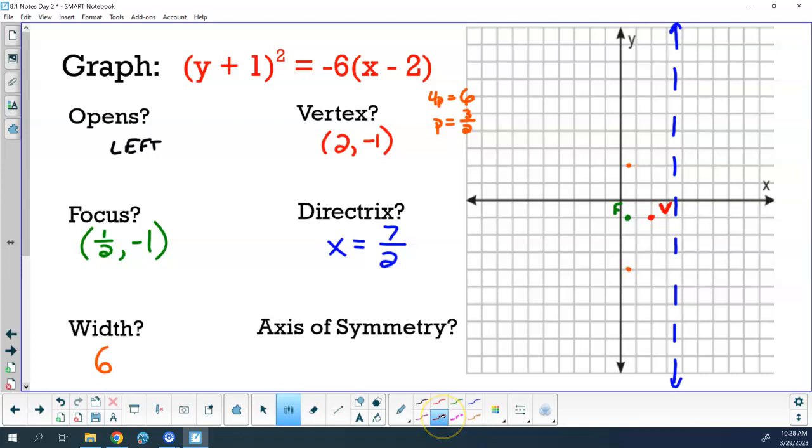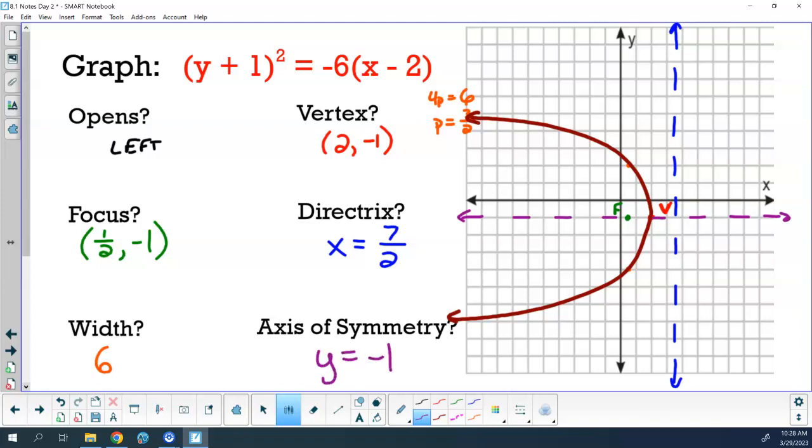Allows me to draw it in. And my axis of symmetry would be y equals -1.